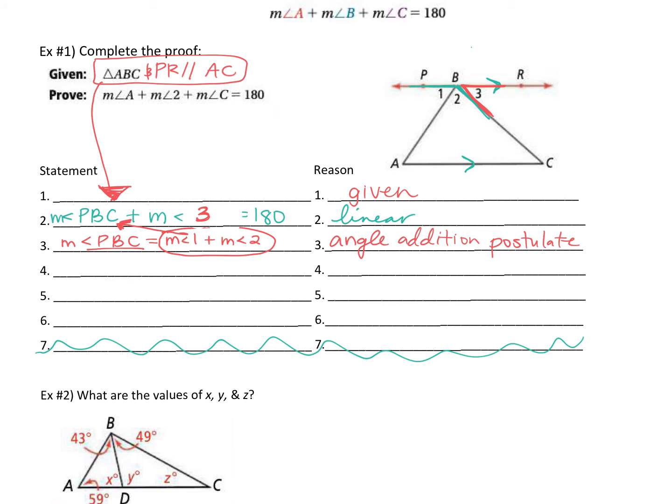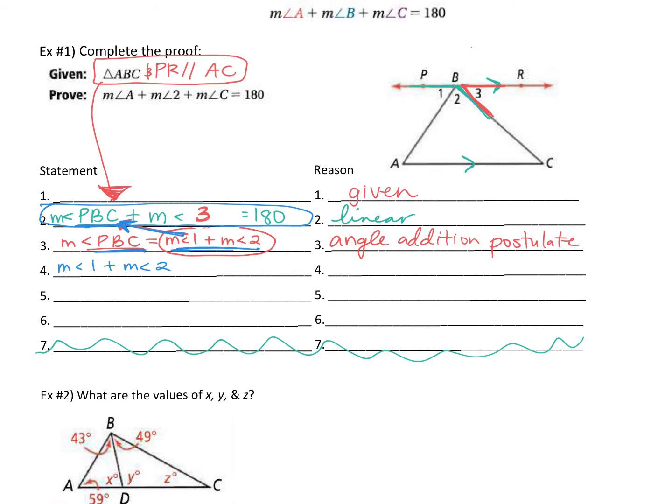Okay, so now here's the thing. I know that PBC is 1 plus 2, right? So that means if I substitute angle 1 plus the measure of angle 2, sorry, I'm just rewriting step 2 with substitution.